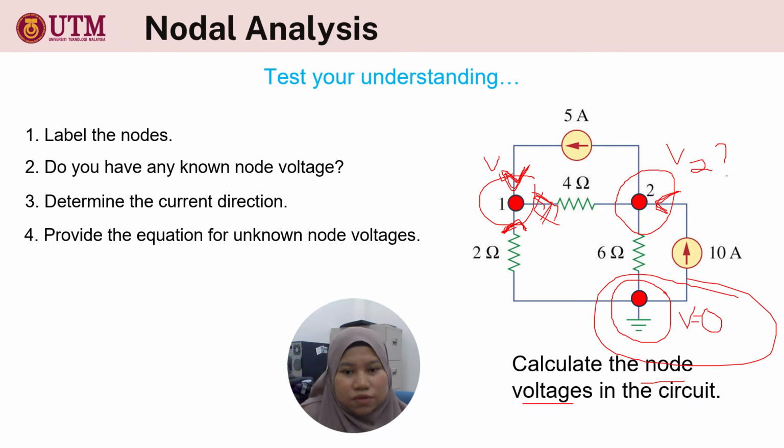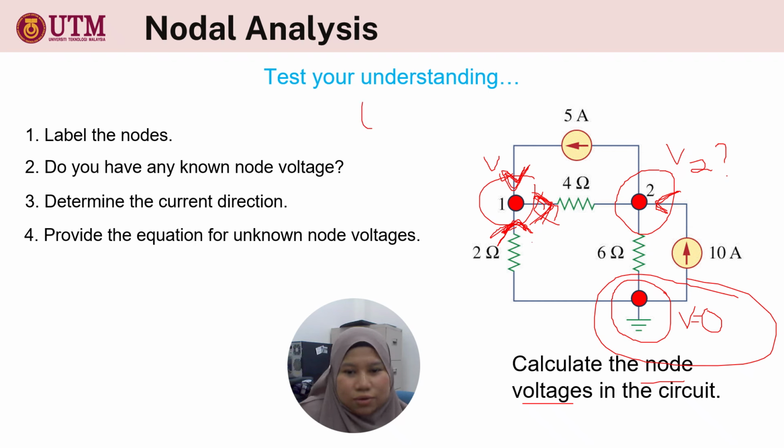So what is the equation here? If you set the current like this, you need to write the equation here: V0 minus V1 divided by 2 plus 5. This is directly 5. Why?